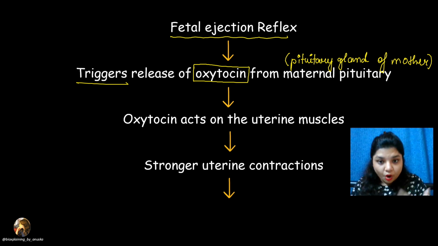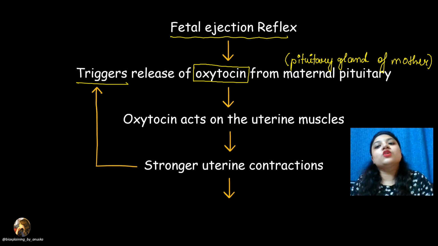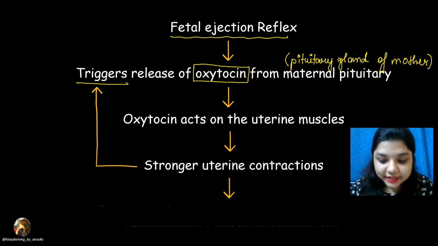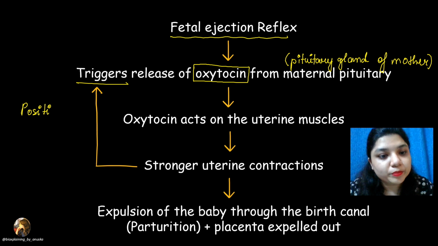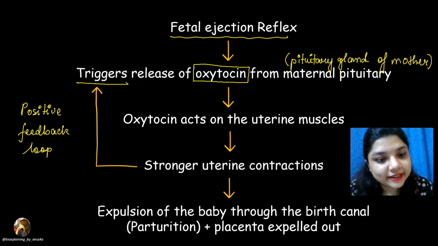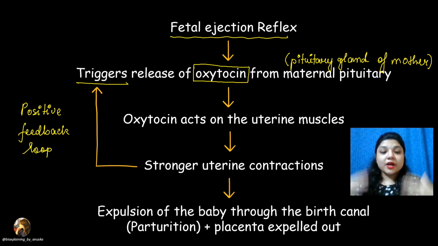The stronger the uterine contractions are, the more oxytocin will be released, right? So this is a kind of positive feedback loop. The greater the contractions, the more oxytocin is released from the maternal pituitary.